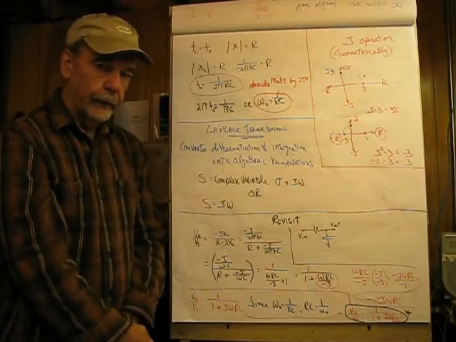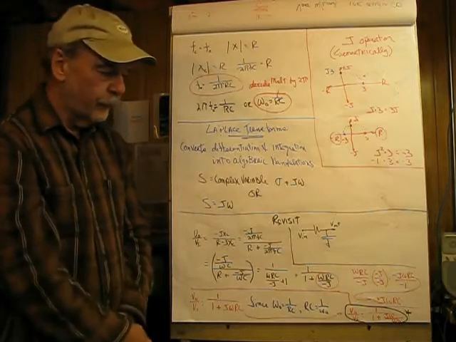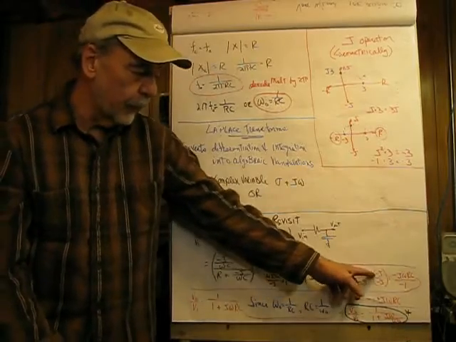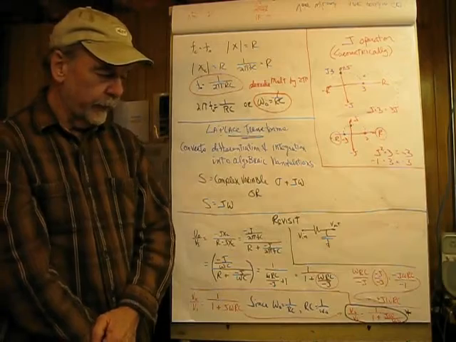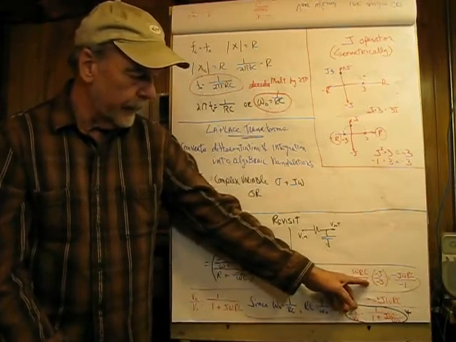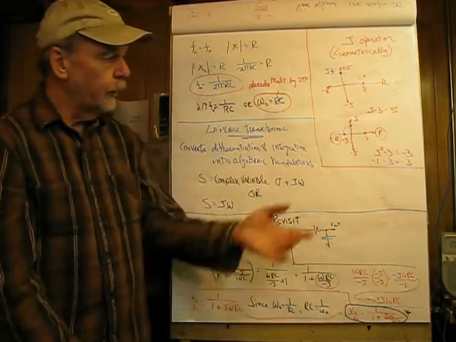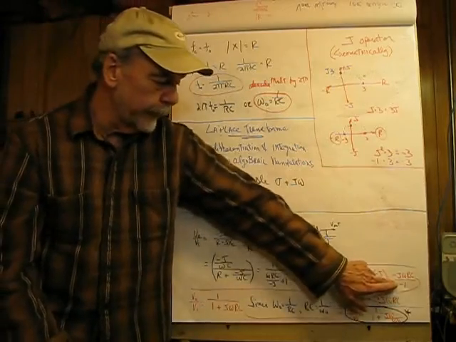Now, negative j in the denominator, although it's mathematically correct, is not a desired form. So I'm going to take this term here and multiply it by 1, which isn't going to change anything, which is negative j over negative j. So when I do that, in the denominator I get positive j squared. And what we know about that is j squared is equal to negative 1. So I'm writing that there.